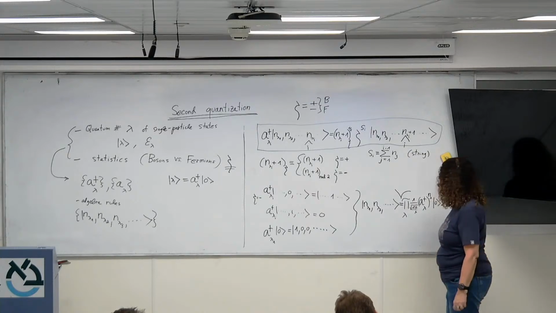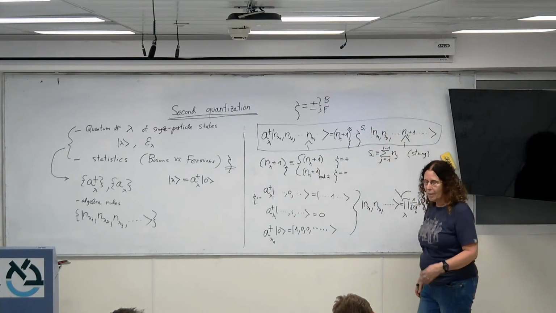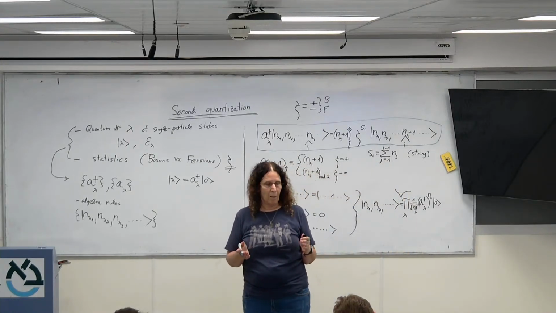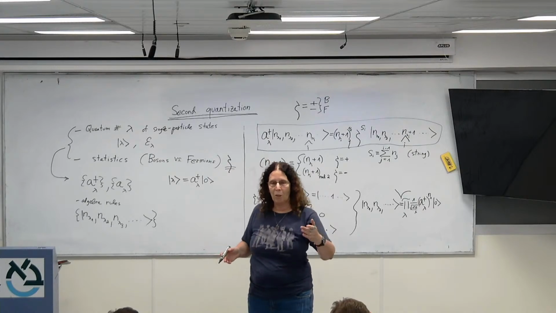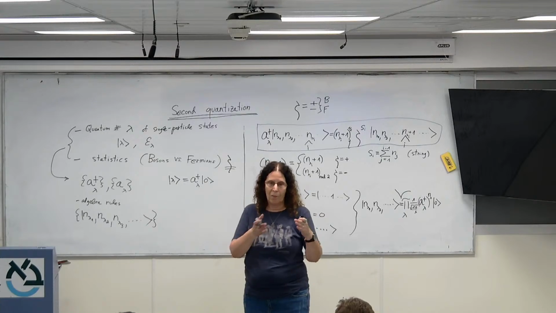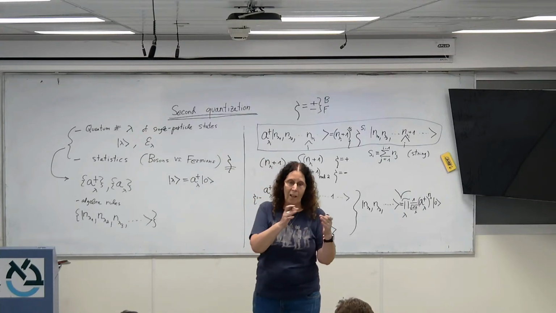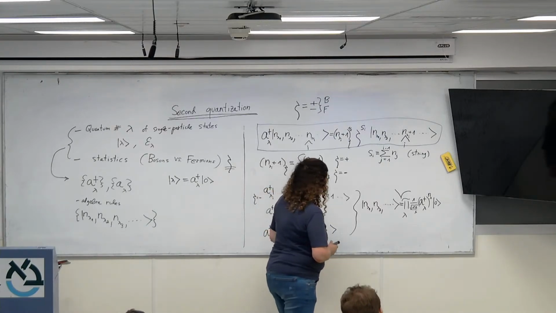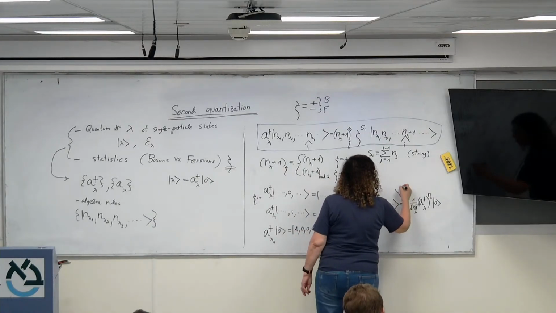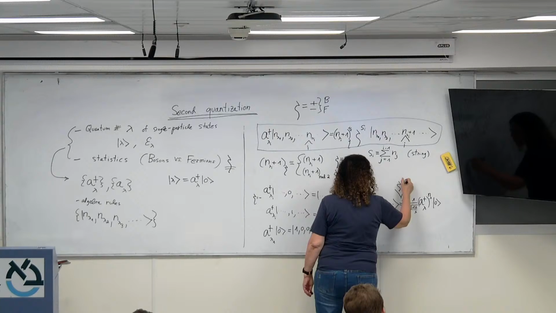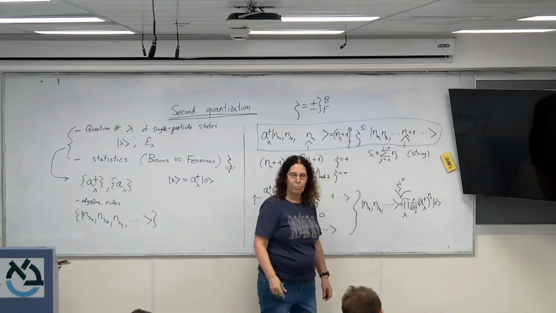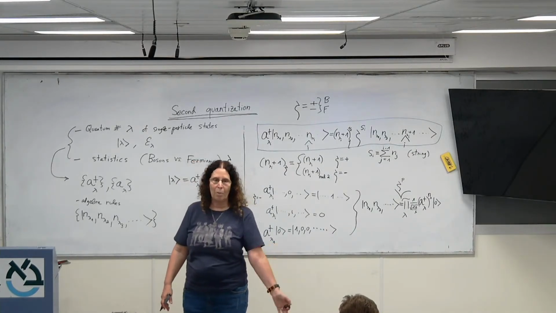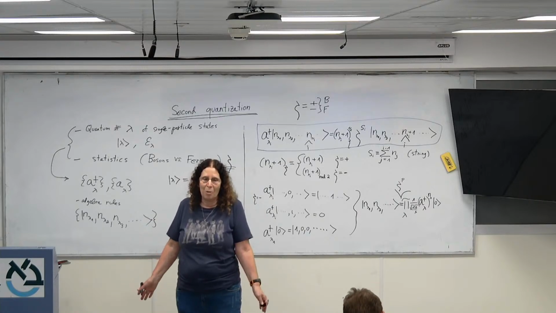There is some factor of zeta to some power, but the only place it comes in is if we take a state and now we apply on it some number of a daggers again, and then it generates new factors. But this is true up to zetas to some power, which I'm not even writing, okay? And you can always multiply it by an arbitrary phase, and it's still the same state.